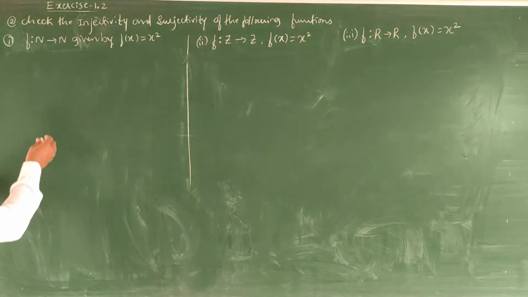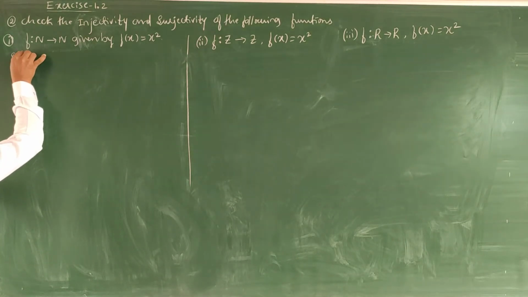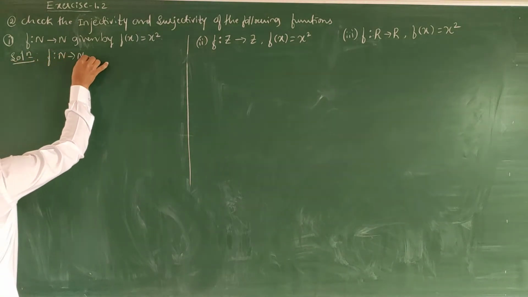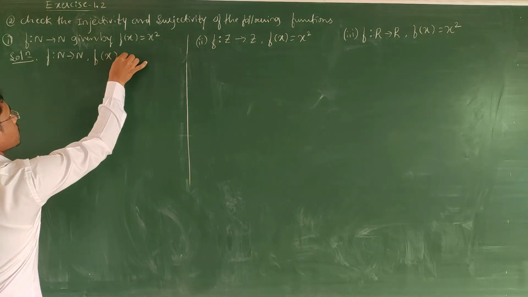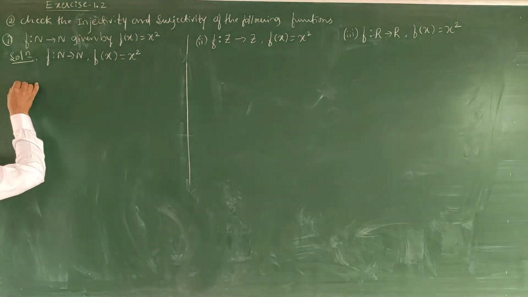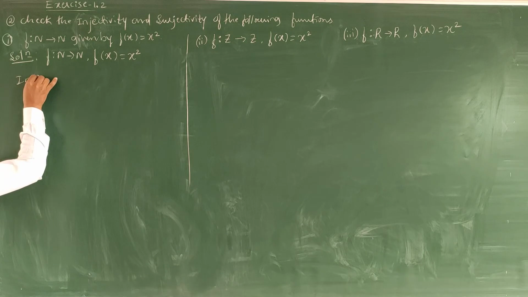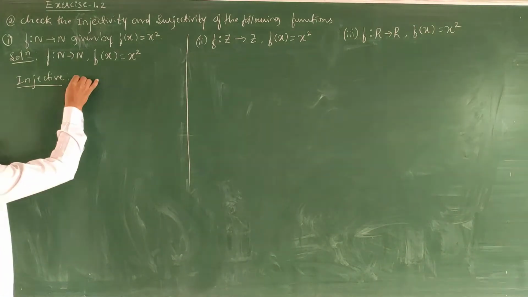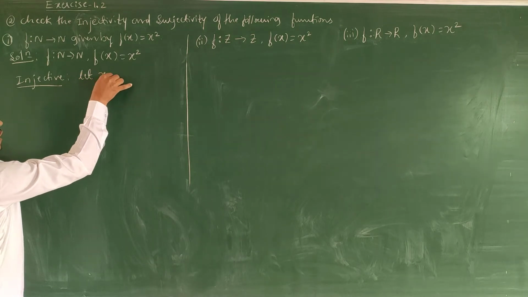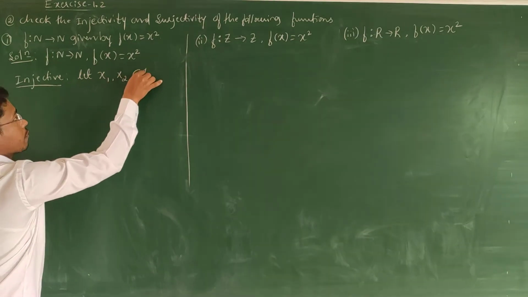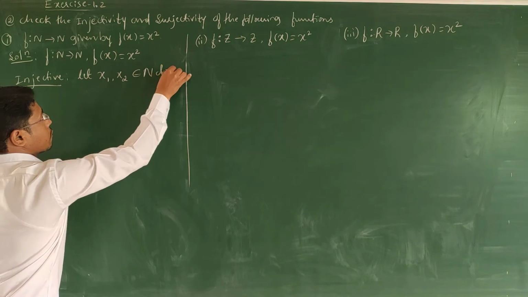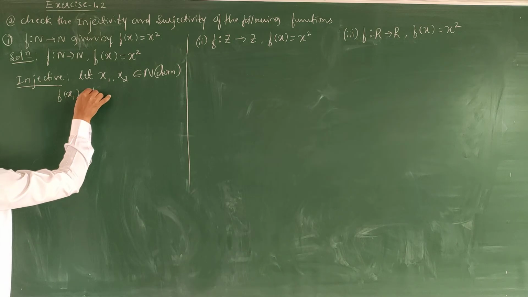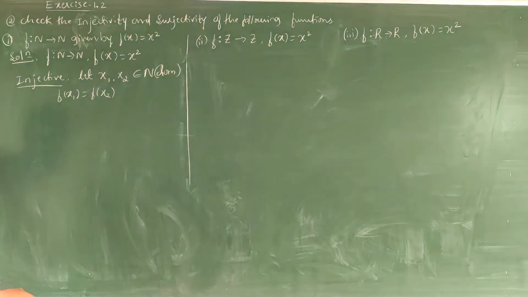Okay, so solution. f from n to n, f of x equal to x square, injective. So now let us consider two numbers x1, x2 belonging to the domain n. f of x1 equal to f of x2.